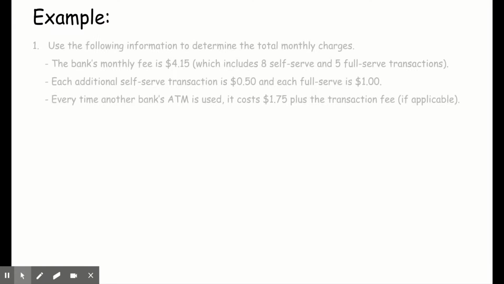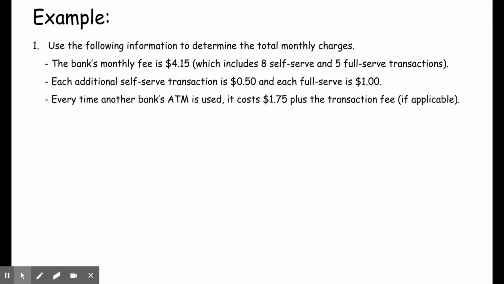So for example, use the following information to determine the total monthly charges. The bank's monthly fee is $4.15. This includes 8 self-serve transactions. Self-serve is anything you do on your own, like depositing or pulling money out through an ATM, anything with the bank app, anything with online banking, anything where you're doing the work.